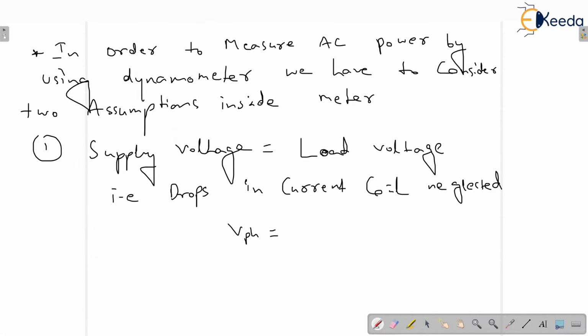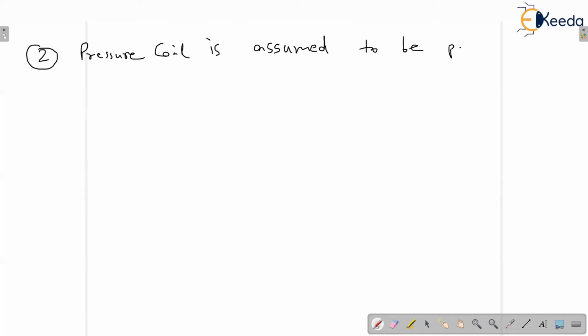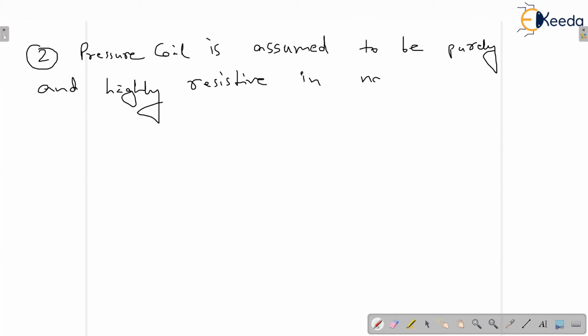The second assumption is that the pressure coil is assumed to be purely and highly resistive in nature.